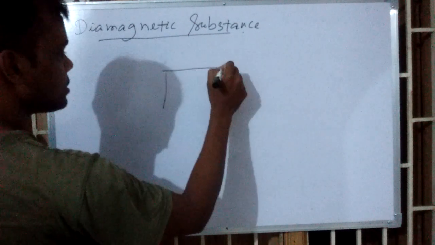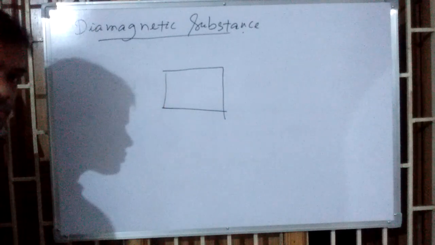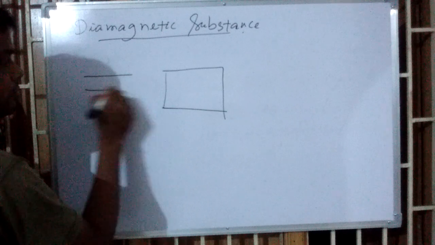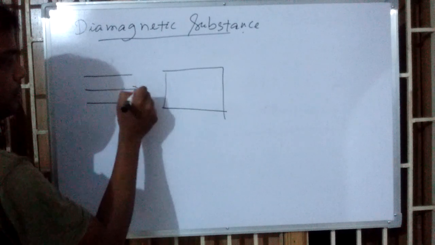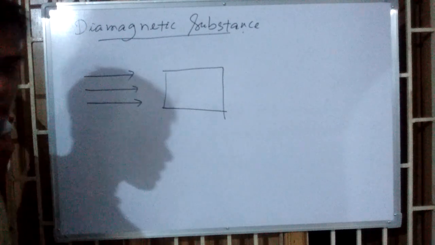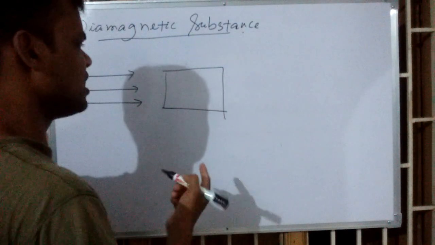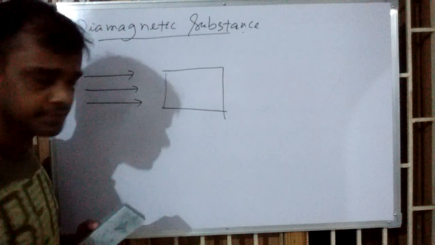Now suppose this is a material and we are applying a magnetic field here. These are the external magnetic field lines, and this material is diamagnetic. Why is it diamagnetic?